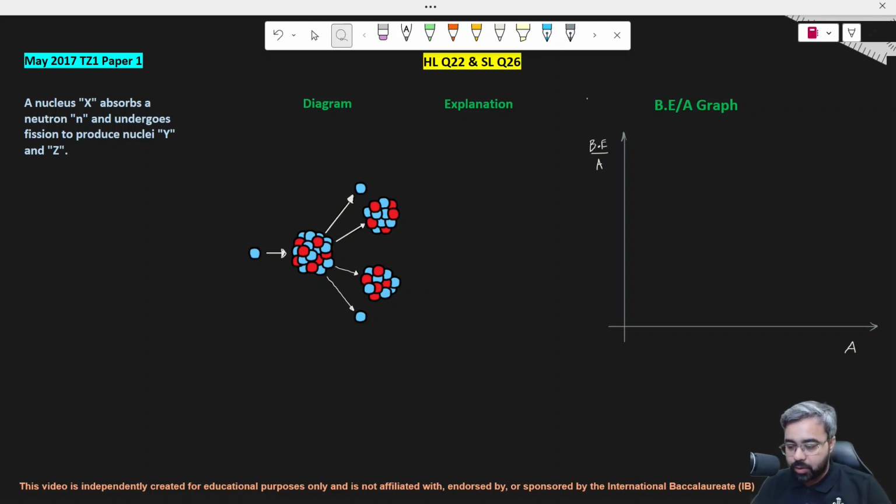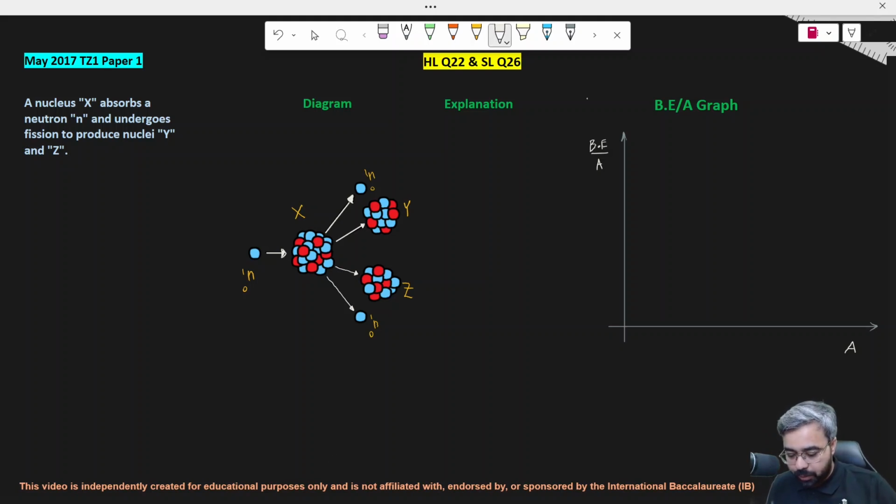So according to this question, this is the neutron, and when it hits the nuclide X, it splits into these two relatively smaller nuclides, whereas two neutrons are emitted. In the question, letters are assigned symbolically, but in reality we have one prominent example of nuclear fission of uranium.